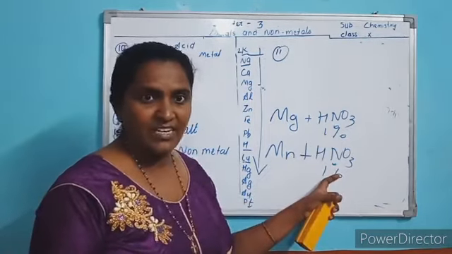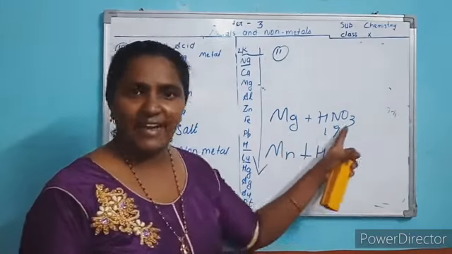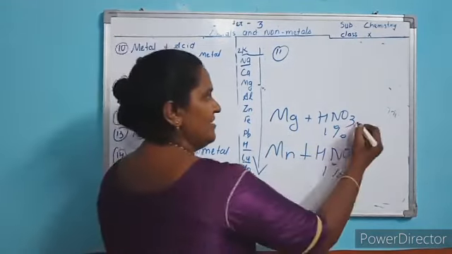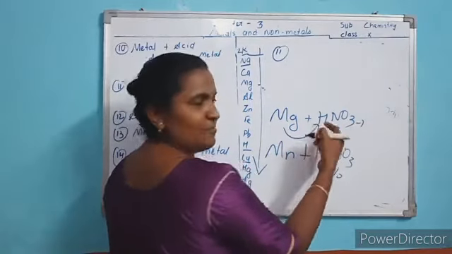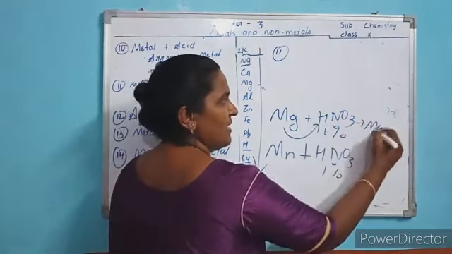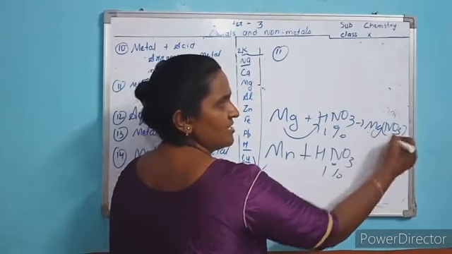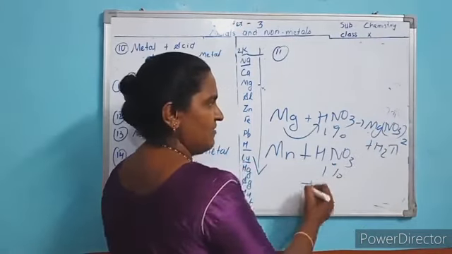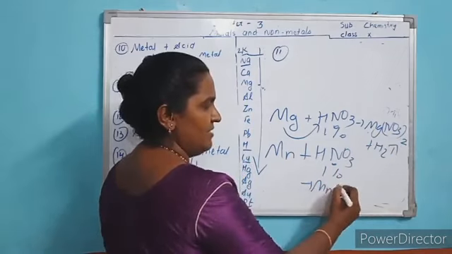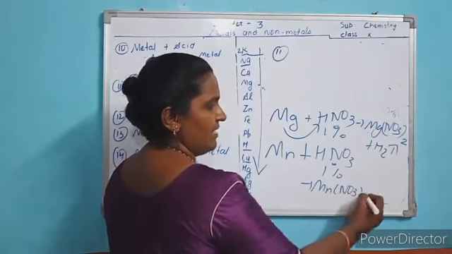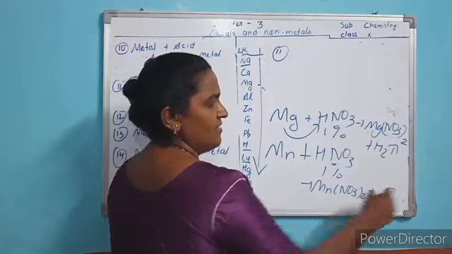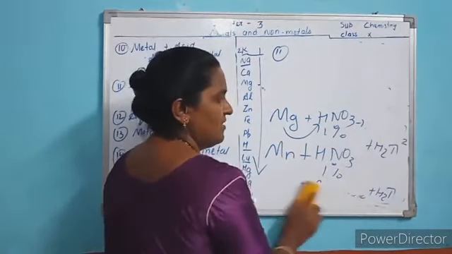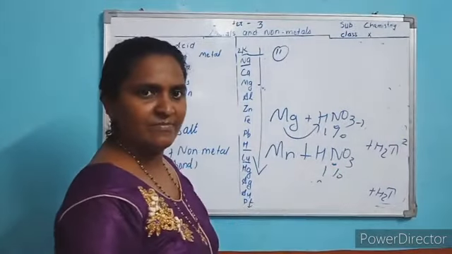Under this condition, these two metals react with the acid and give hydrogen gas. Magnesium plus nitric acid gives magnesium nitrate plus hydrogen gas. In the same way, manganese gives manganese nitrate plus hydrogen gas. These two liberate hydrogen gas.